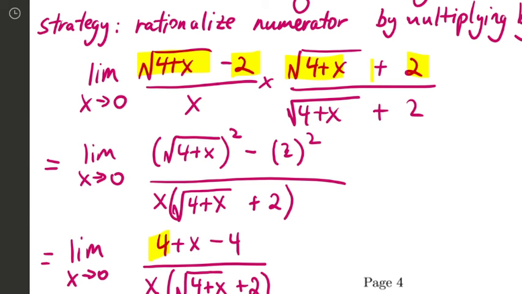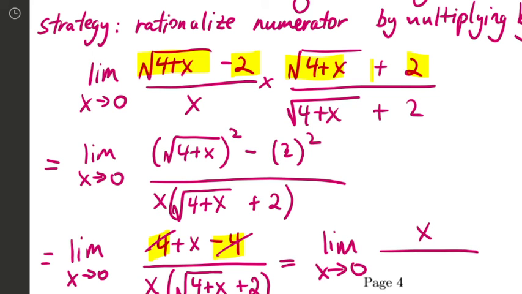So I can go 4 minus 4, those cancel out with each other, and that leaves me with an x on the top. But I do have a factor of x on the bottom, so that will be the limit as x approaches 0 of x on the top divided by x times the square root of 4 plus x plus 2.